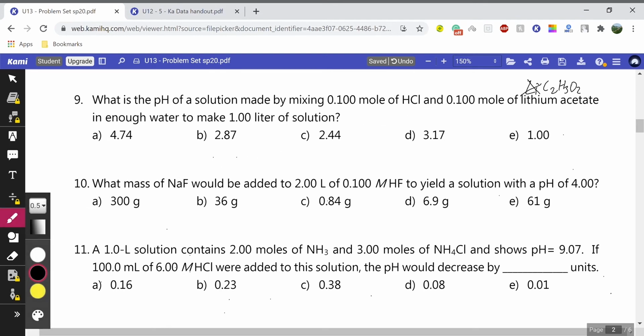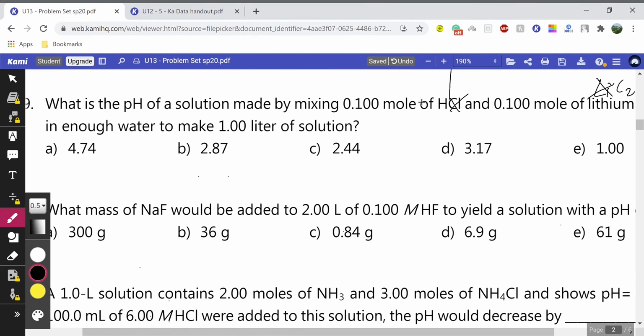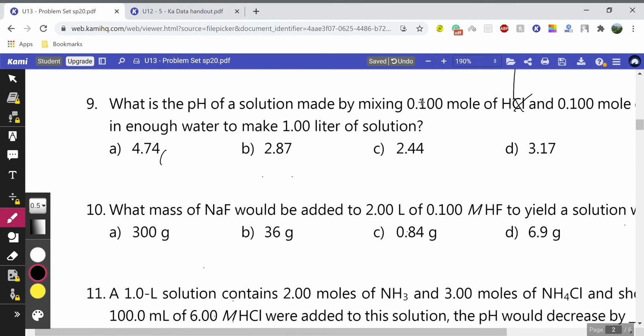And Cl is a weak conjugate base as well, so Cl can be removed. Okay, now we just have the equation of C2H3O2 minus plus H3O plus, because H is the same thing as H3O plus. This will form HC2H3O2 plus H2O.